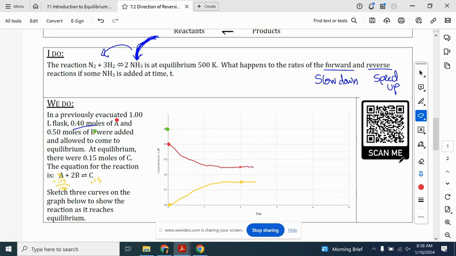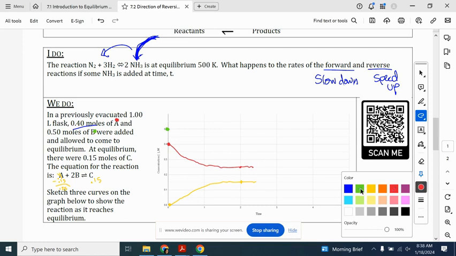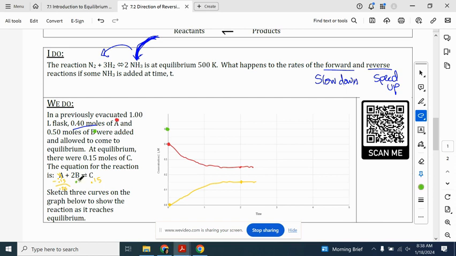And then for B, we started out with 0.5. If we used up 0.15 of A, how much of B are we going to use up? 0.3, because we use it up at twice the amount, since it's in a 1-to-2 ratio. That's going to leave us with 0.2 of B. So B is going to end up right there.